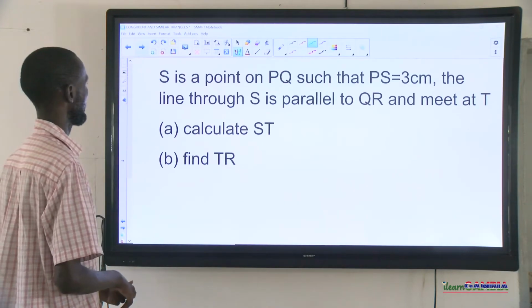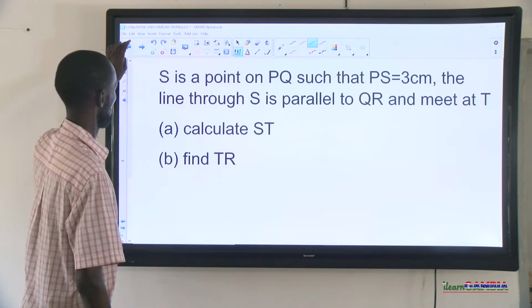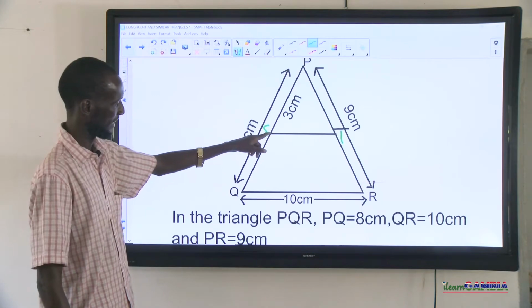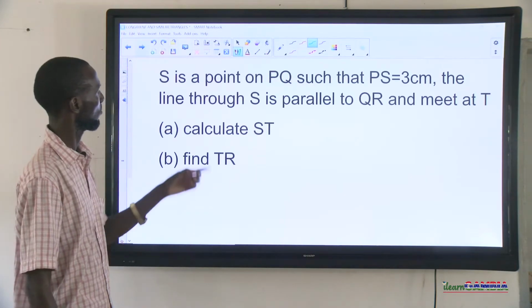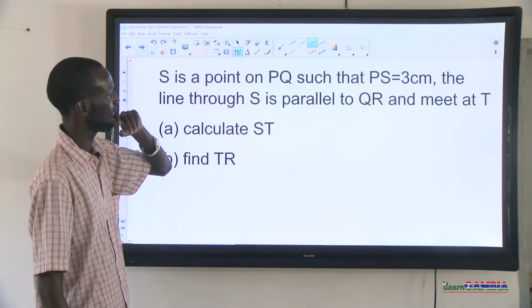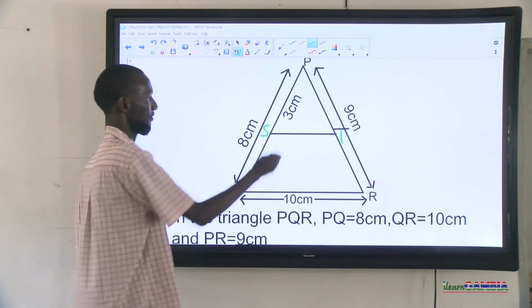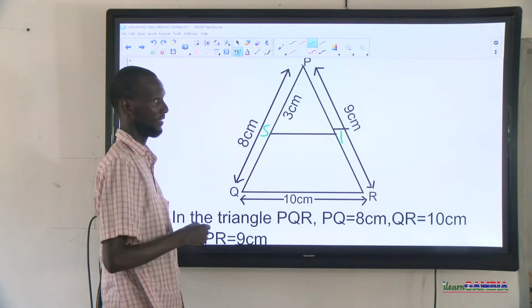Now, S is a point on PQ. You can see on PQ, you have point S there, such that PS is 3 centimeters. So we know that PS is 3 centimeters. You can see it here, from P to S is 3 centimeters, it's given.